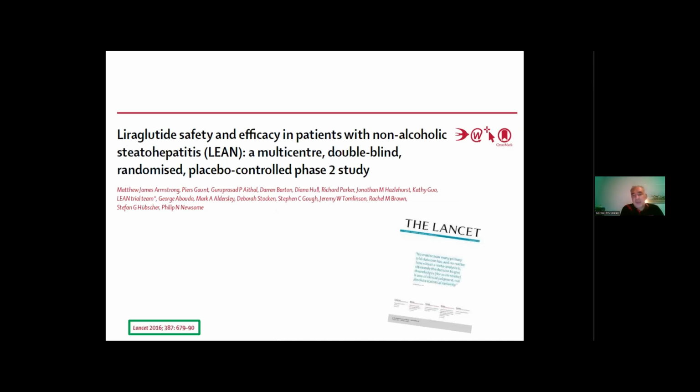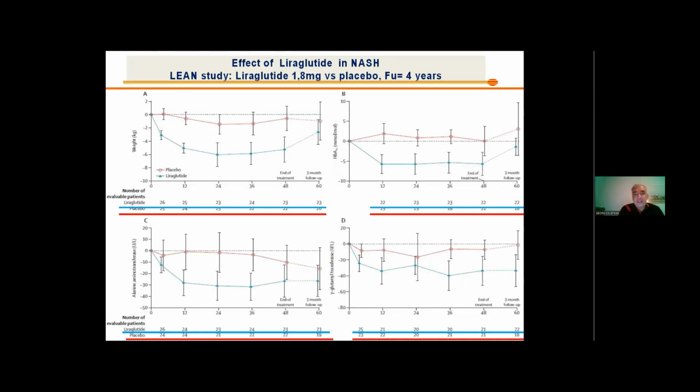And then we go to the more popular drugs of our days, the GLP-1 agonists. There was a study, the LEAN study, a regulatory safety and efficacy study in patients with non-alcoholic fatty liver steatohepatitis, that showed an improvement in hepatic indices, along with, of course, the improvement of glycosylated hemoglobin, and also the level of triglycerides and, to a lesser degree, cholesterol.